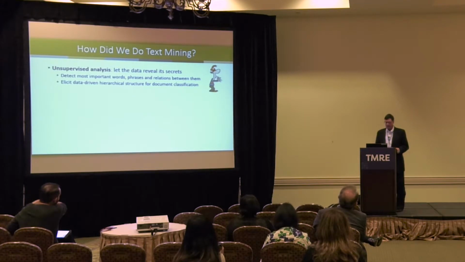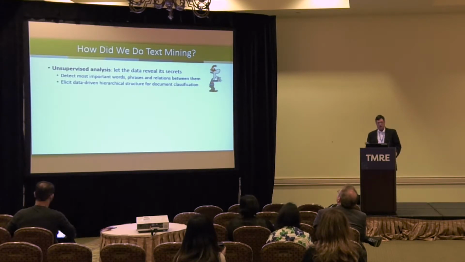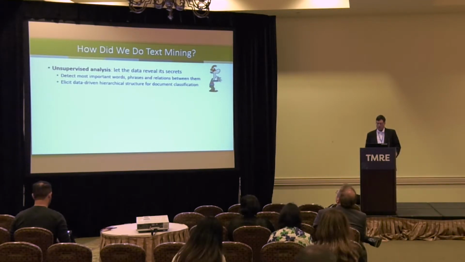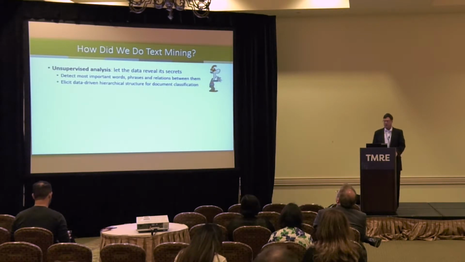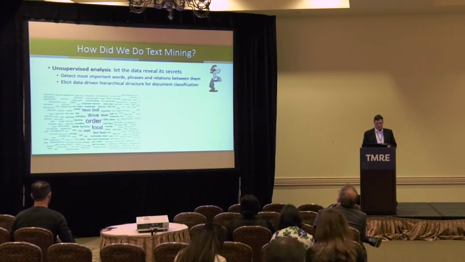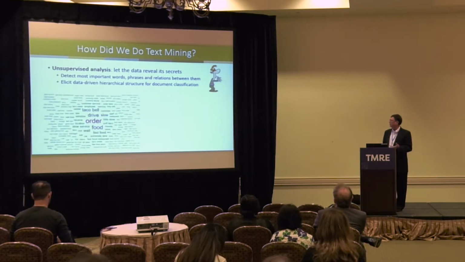Okay, so how do we do the analysis? The unsupervised approach really lets the data reveal its secrets. The most important words, phrases, et cetera, are revealed, and a hierarchical structure, which is called a taxonomy, is also generated from this analysis. And one output that we've all seen is a word cloud, and this is a typical word cloud.